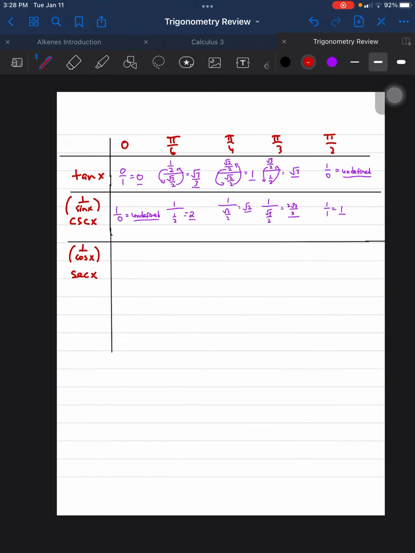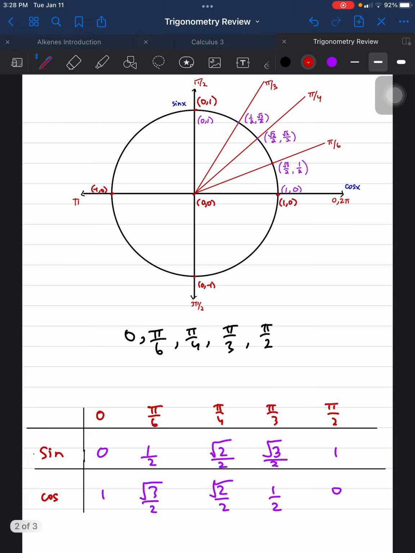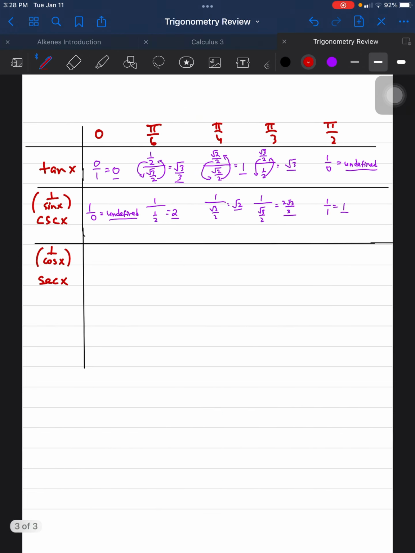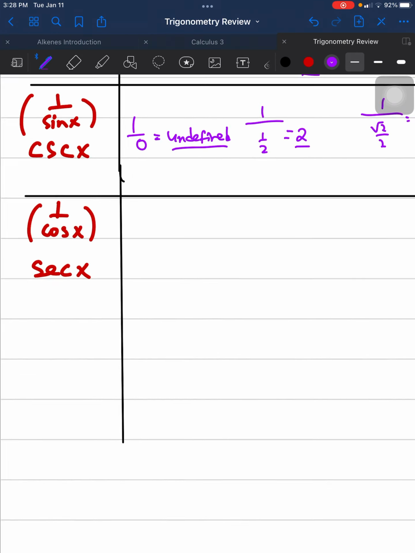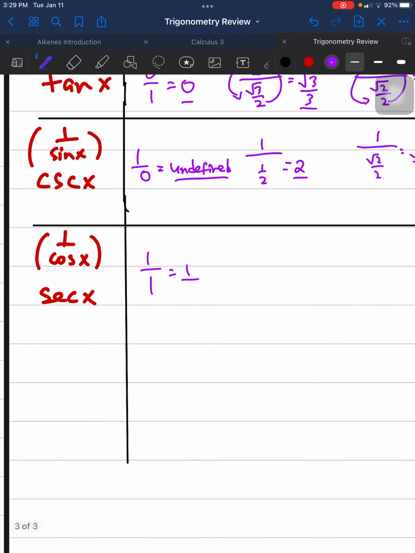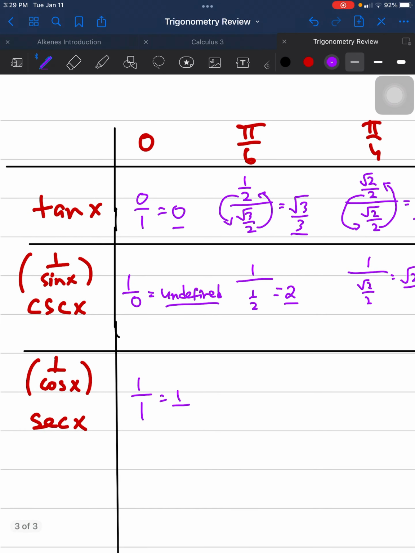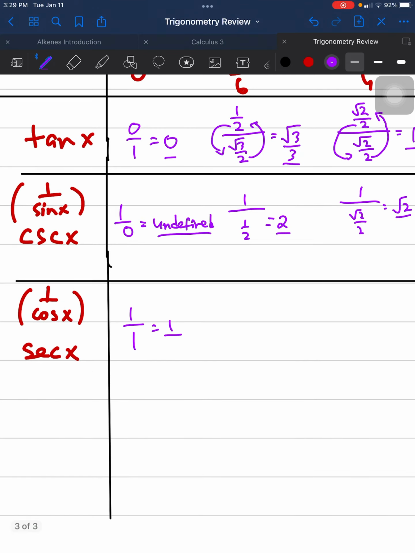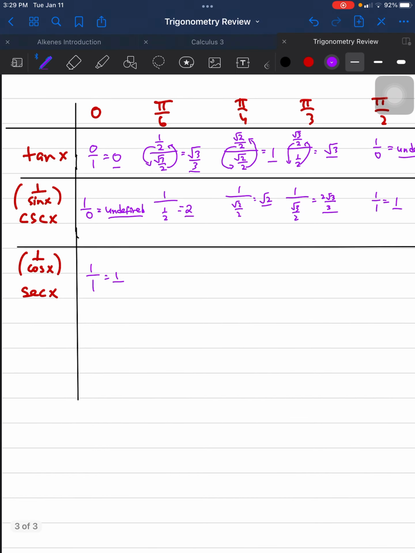So at the angle of 0, cosine x is equal to 1. So simply 1 over 1 is 1. And so at the angle of 0, secant x is equal to 1.